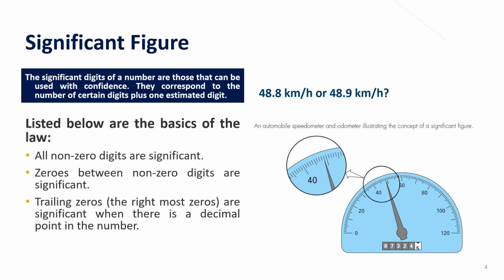So here we have an example of an automobile speedometer and odometer illustrating the concept of significant numbers. We see that the needle showing the current speed is between 48 and 49 kilometers per hour.